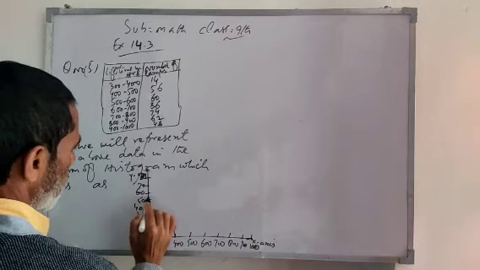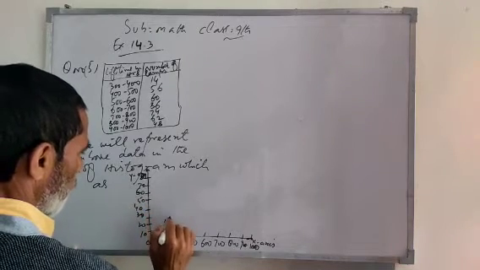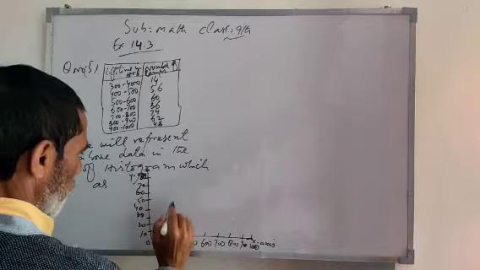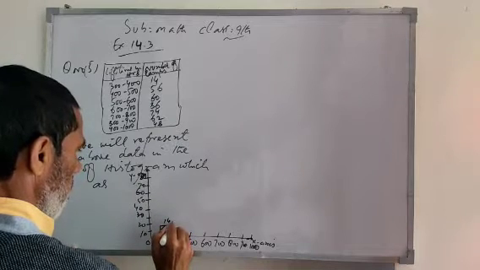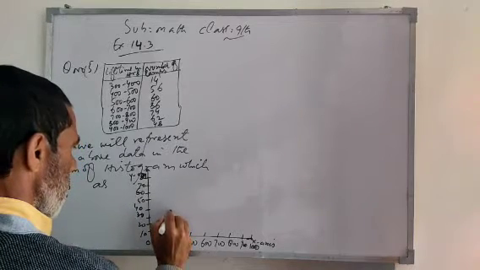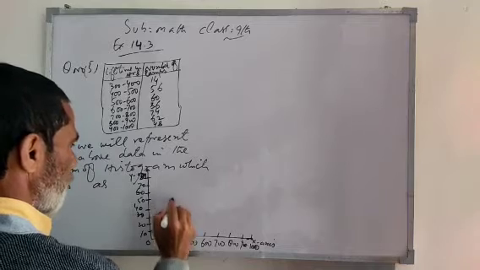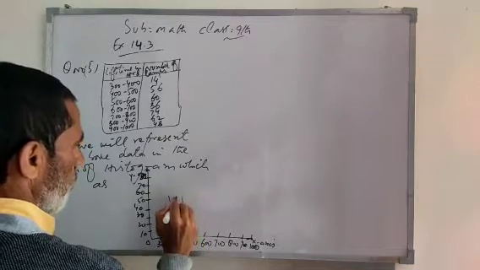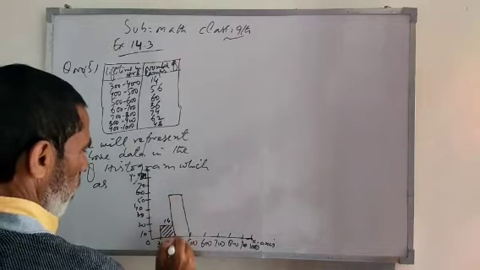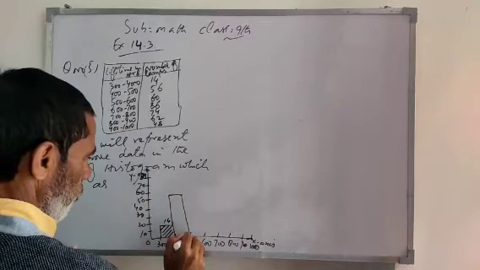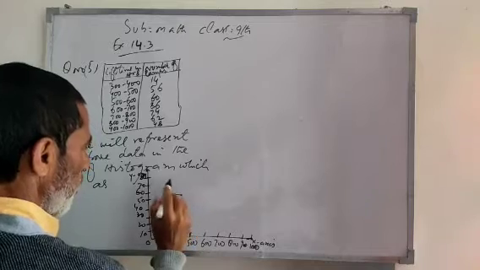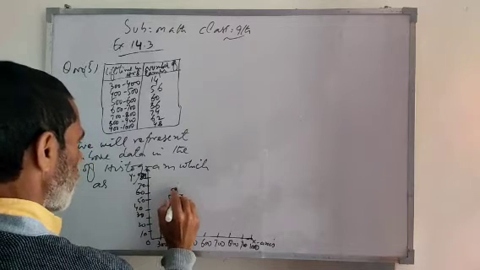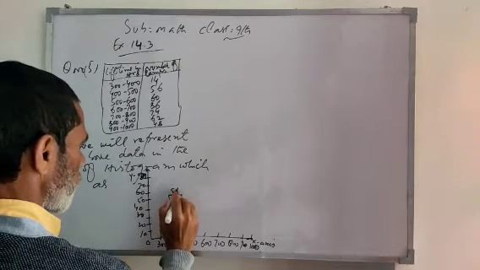This is 56. Along 400, one vertical line. Along 500, one vertical line. This is 56.